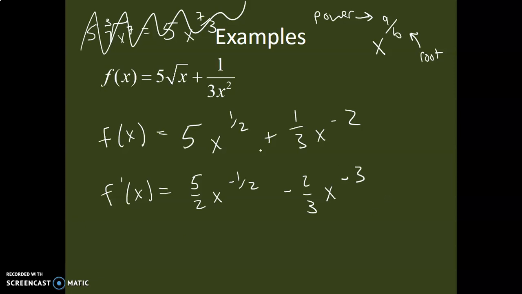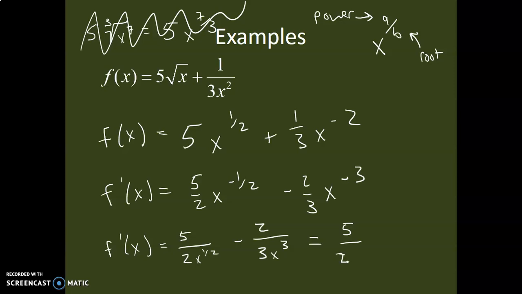This is technically fine on a multiple choice exam. It would probably be written without negative exponents. So 5 over 2x to the 1/2 minus 2 over 3x to the 3rd. Or you might see it without any fractions. Since the original problem had roots, the answer might have roots in it as well.